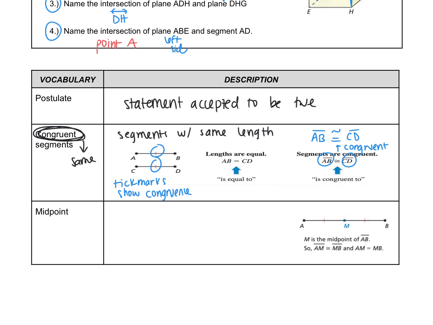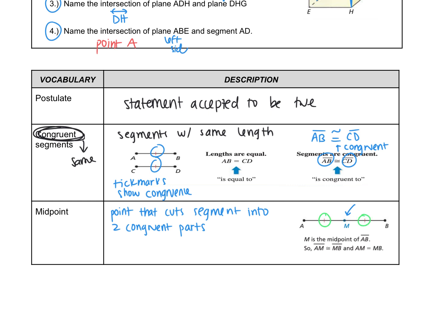Last piece of vocabulary is midpoint. A midpoint is, like it sounds, a point that cuts a segment into two congruent parts. So in the figure, we have this midpoint M. The reason we know it's a midpoint is on either side of the figure, we see these tick marks.